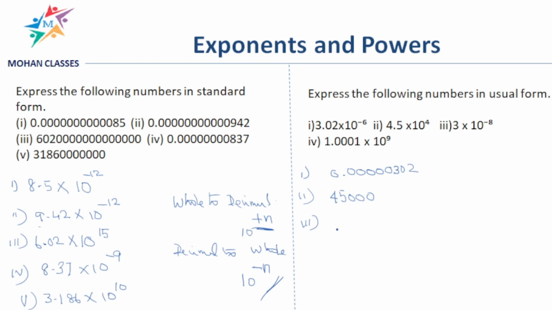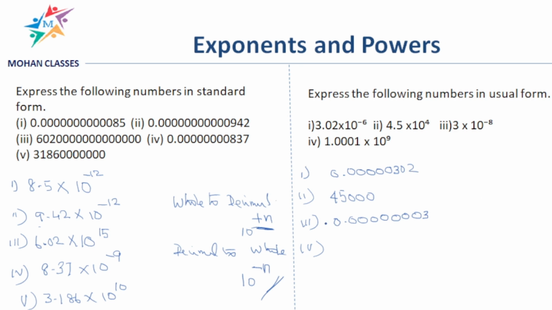What about the third? 3 into 10 to the power of minus 8. So that means 1, 2, 3, 4, 5, 6, 7, and then 3, 8. That's it. Okay, this we have represented in this form only. The fourth one, let us check it as 3 means 1, 2, 3, 4, 5, 6, 7, 8. 3 10 to the power of minus 8.